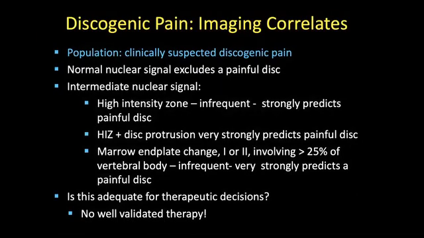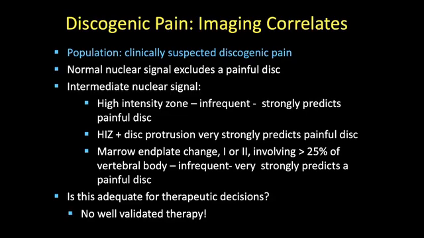So to summarize discogenic pain imaging correlates, again, discogenic pain being one of the reasons for axial pain. In a population with clinically suspected discogenic pain, might be a younger person with axial pain, normal nuclear signal essentially excludes that as being a nociceptor or a painful disc. When you have intermediate nuclear signals, a high intensity zone strongly predicts a painful disc.